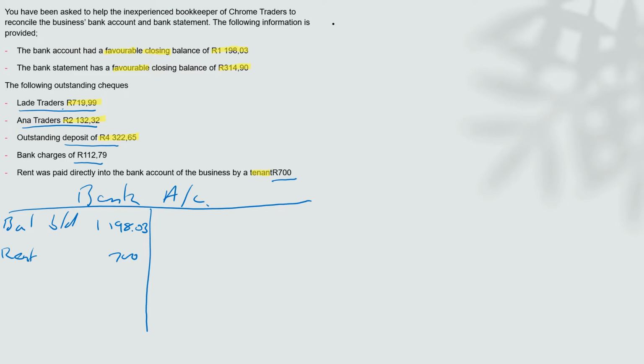So we have bank charges. That's 112.79. And then the balance of this account, because those are the only two things that you need to update your account with.